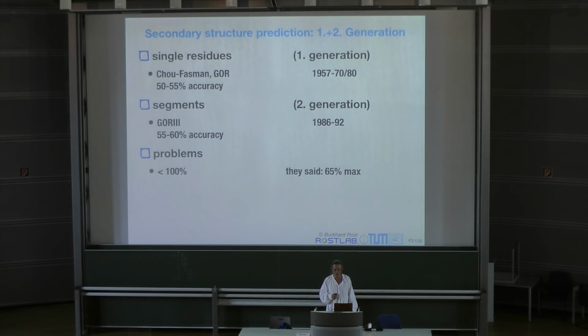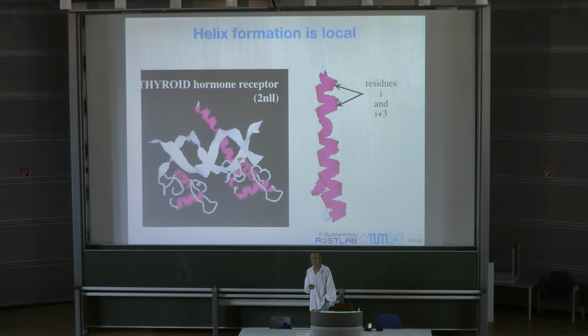Why 65%? The argument was that helix formation is local, meaning that is what I somehow see in these windows, but strand formation is not, and not all of the helix formation is always visible in a local window. So this information you don't have.